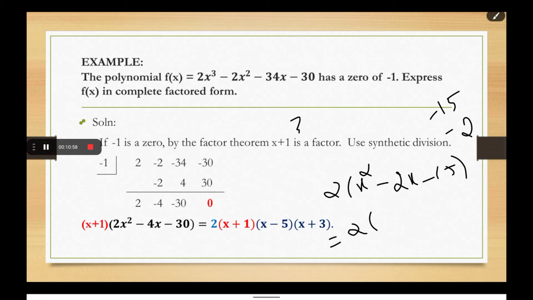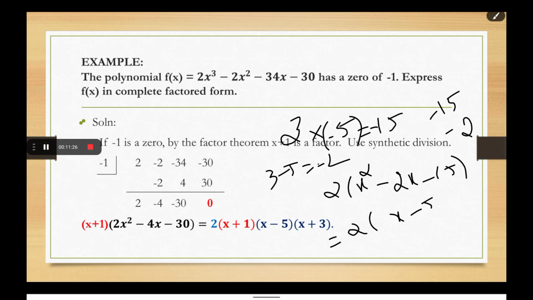That means 3 into 5 equals 15, right? Okay, 3 into minus 5 equal to minus 15. 3 minus 5 equal to minus 2. We got the answer. That means we can write x minus 5 and x plus 3.